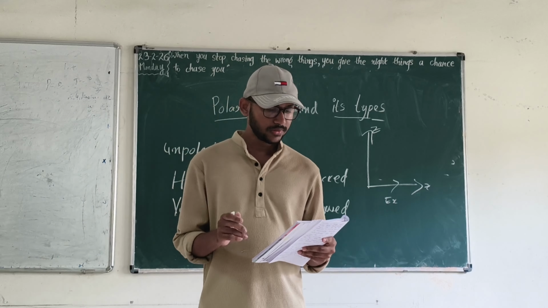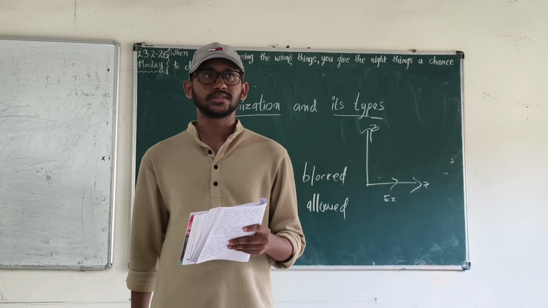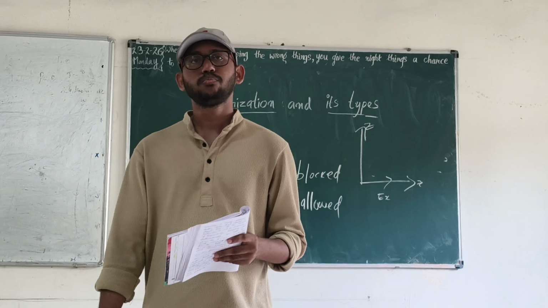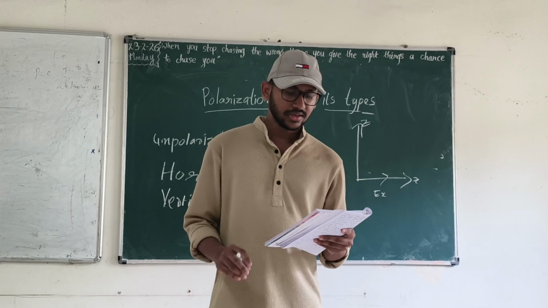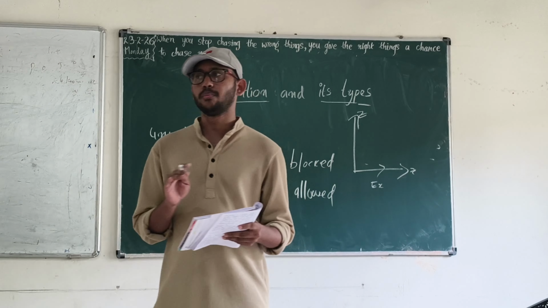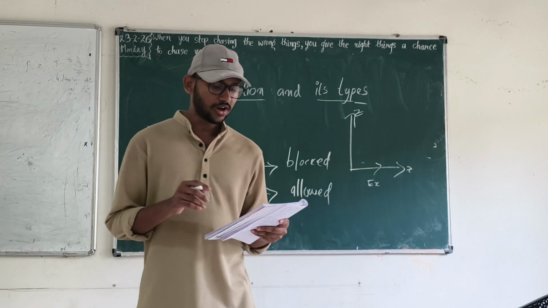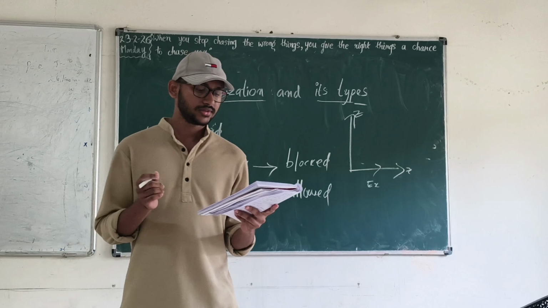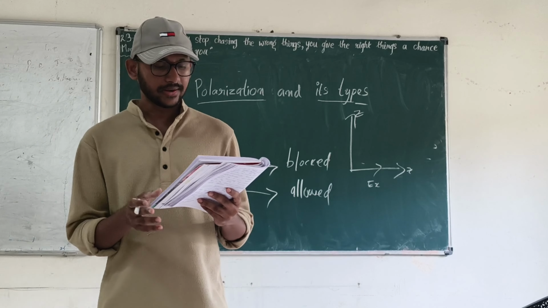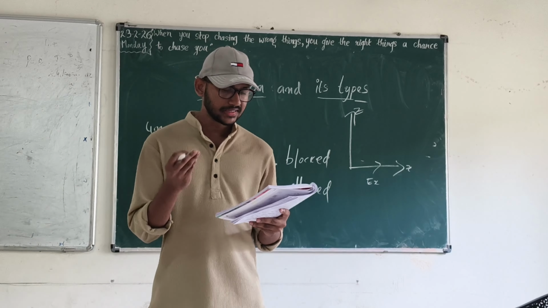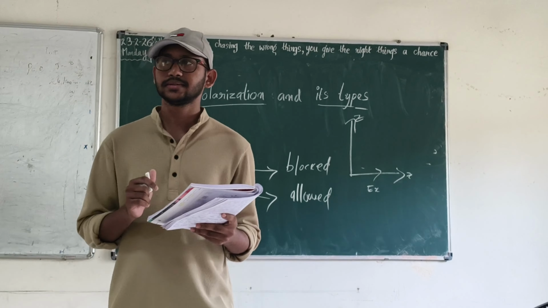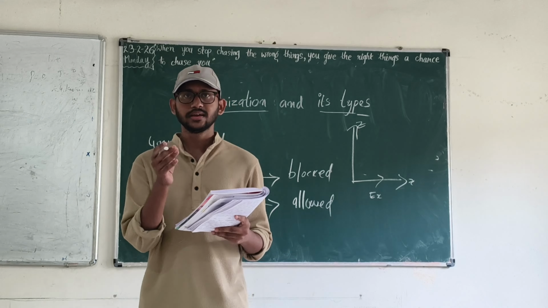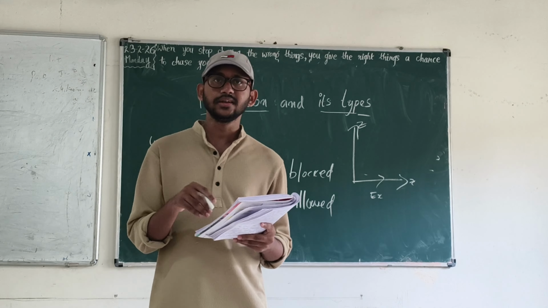Now let's talk about elliptical polarization. This is the most general form of polarization. If the two perpendicular components of the electric field have unequal amplitudes, or a phase difference other than 90 degrees, the tip of the electric field traces an ellipse.